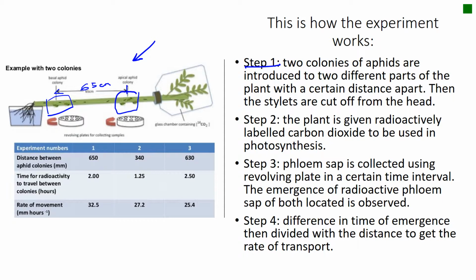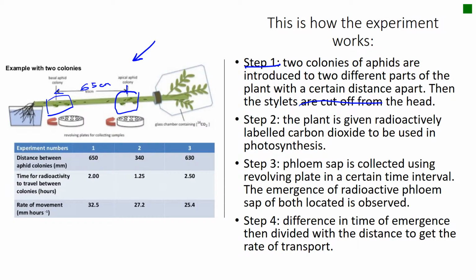After that, the scientists will let the aphids inject their stylet to reach the phloem in the stem, and then sadly but true, they will be cut off. So the stylet will remain while the head and the body of the aphids will be gone.